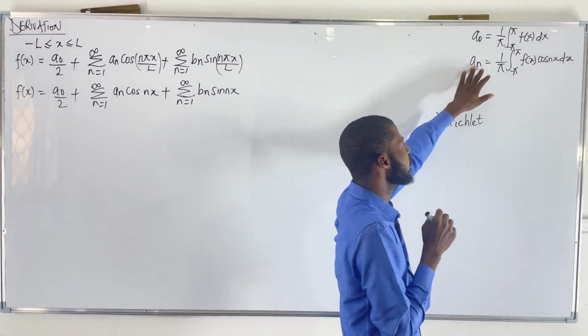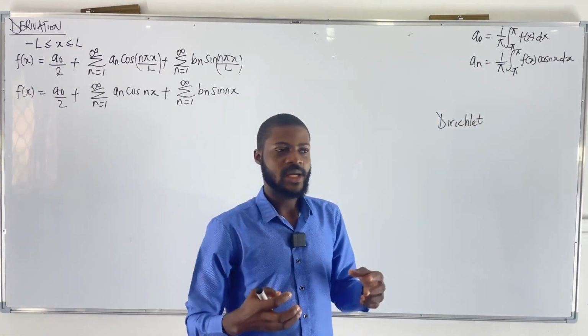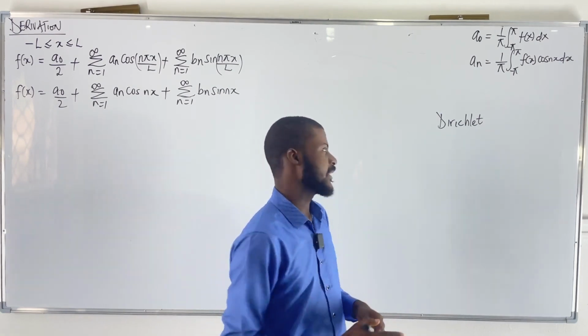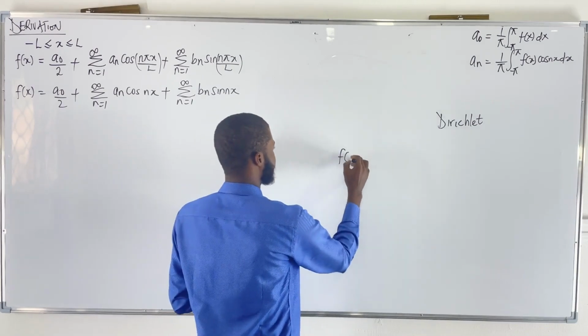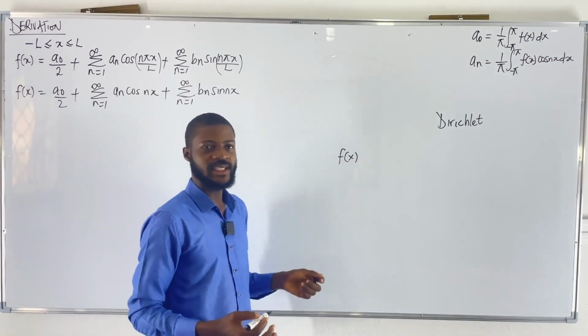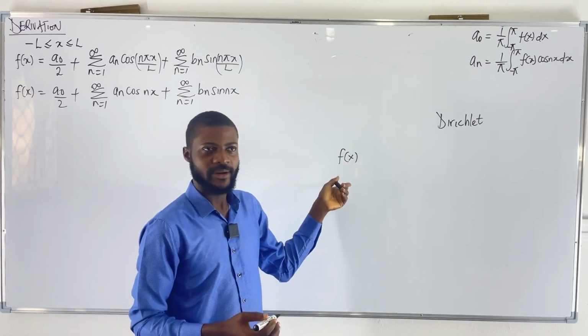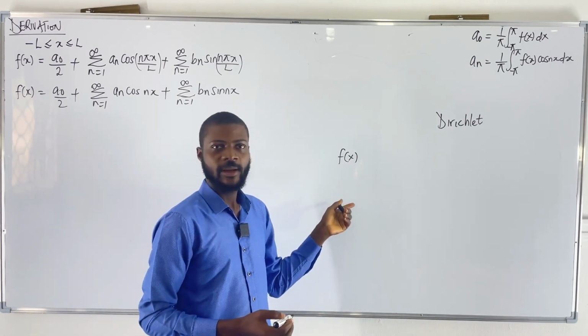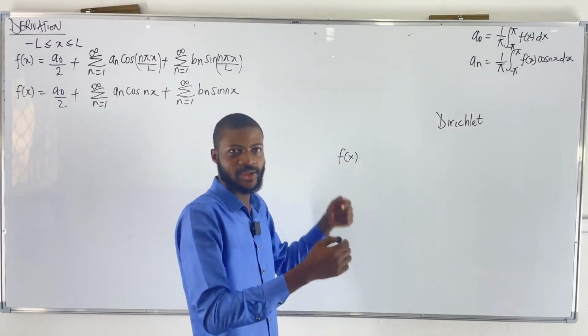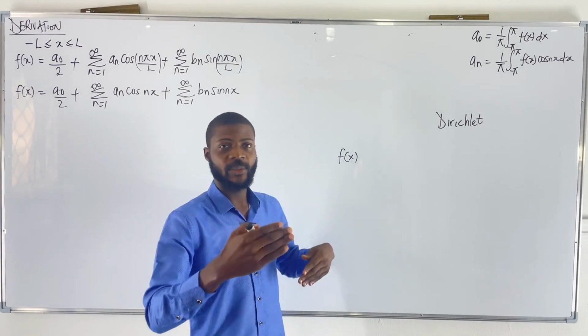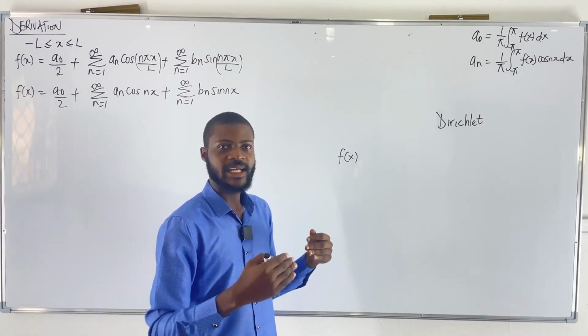A sub n is trying to find out how much cosine is embedded in a particular function. So here's the thing. You have a function f of x. You are trying your best to see, does this function have cosine inside of it? The best way to know about it is to multiply it by cosine. Because if I multiply something that has cos by cos again, I am going to be having cos squared, which is a larger expression.